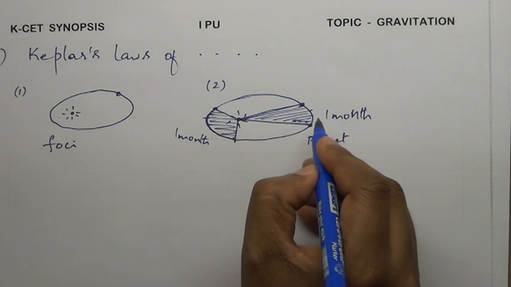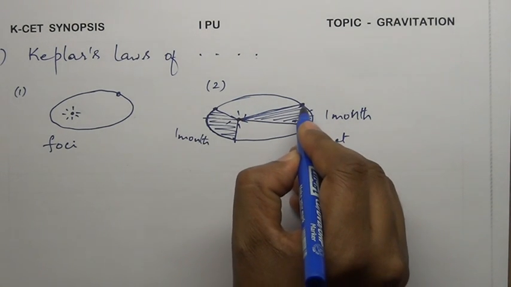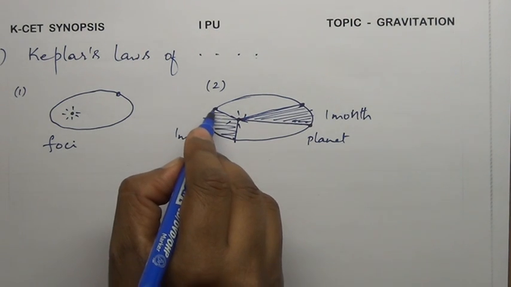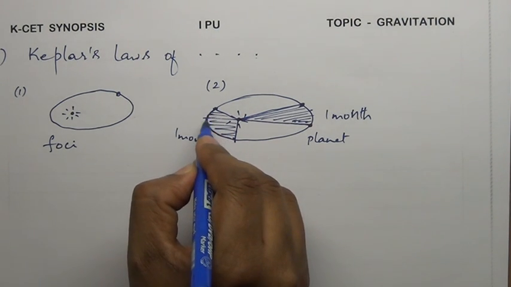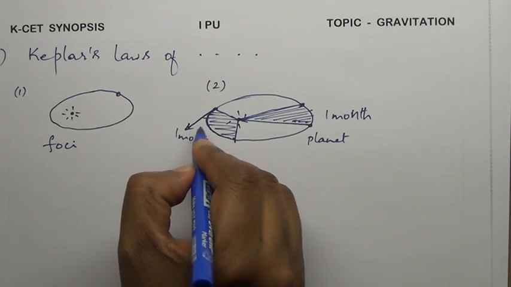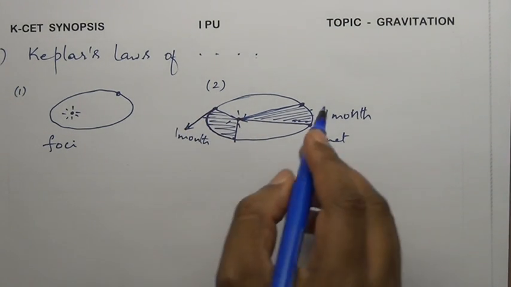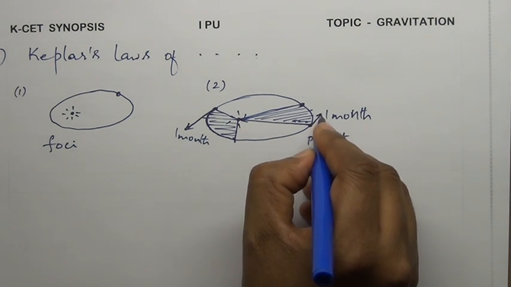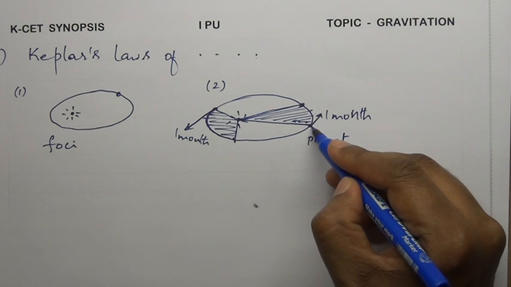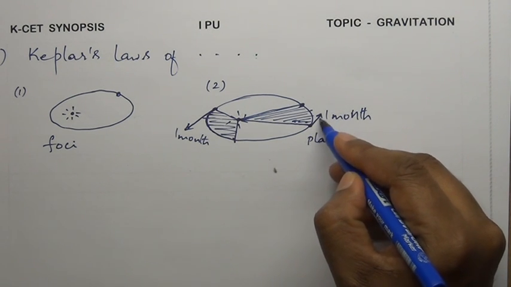Observe carefully. In 1 month it travels a lesser distance if it is away from the sun. If the planet is closer to the sun, it covers more distance. This means orbital speed is more if it is closer to the sun, and orbital speed is less if it is away from the sun. Observe the length of the arrow. Magnitude is proportional to the length.